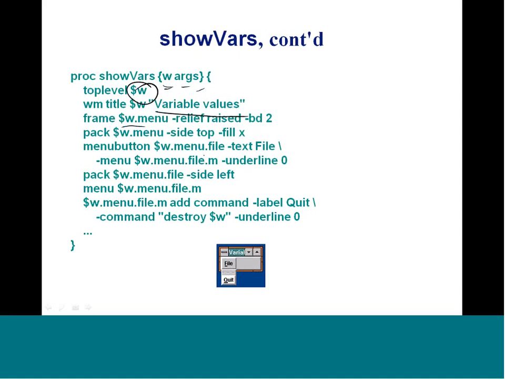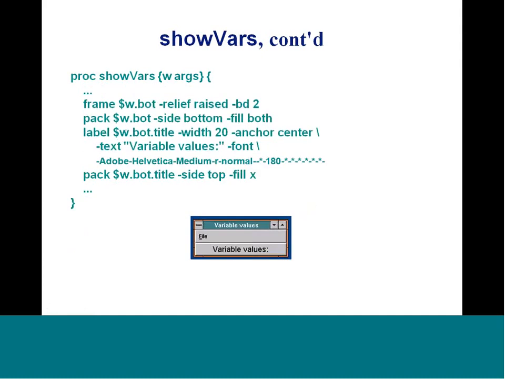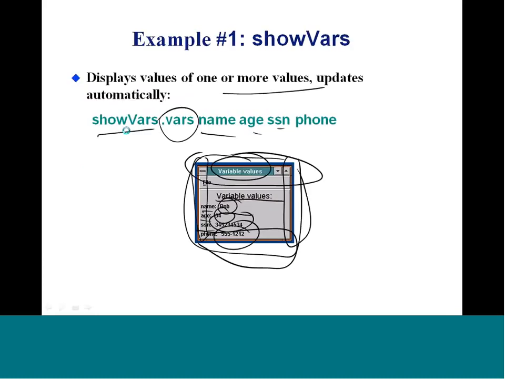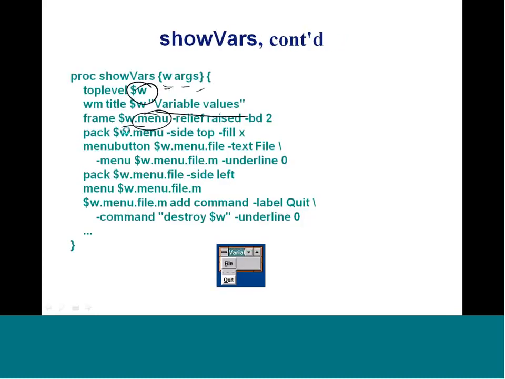And then we specify the button; the frame is for the menu button, and we pack that on the side top with fill, and then we specify the menu button menu file.